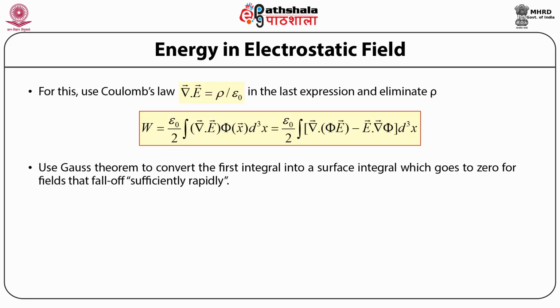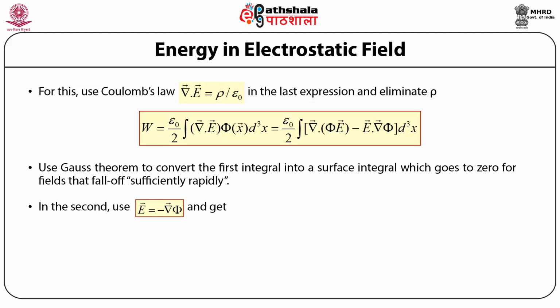That is the first term on the right hand side. If it is converted into a surface integral using the Gauss's theorem, then for fields that fall off sufficiently rapidly with the position vector, this integral goes to 0.